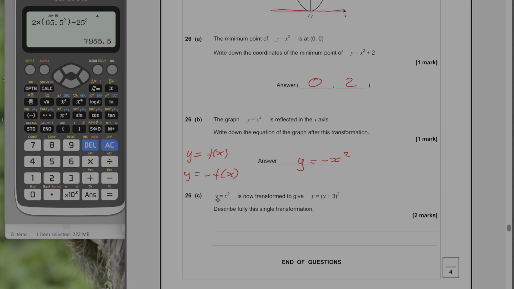Describe, so y is equal to x squared is now transformed to give y is equal to x plus 3 squared. Describe fully the single transformation. So likewise, if y is equal to f of x, then y is equal to f of x plus 3 would become a translation in the x direction of minus 3.